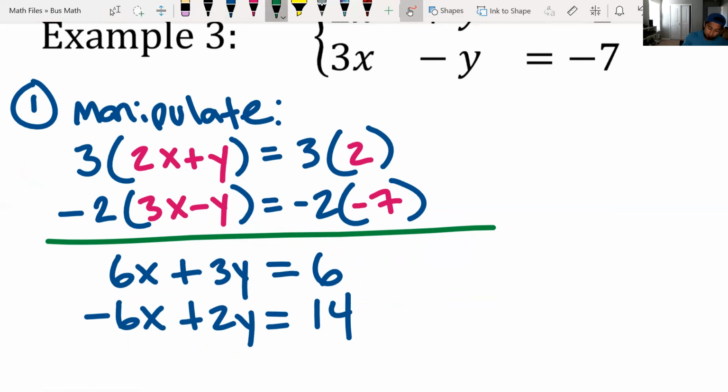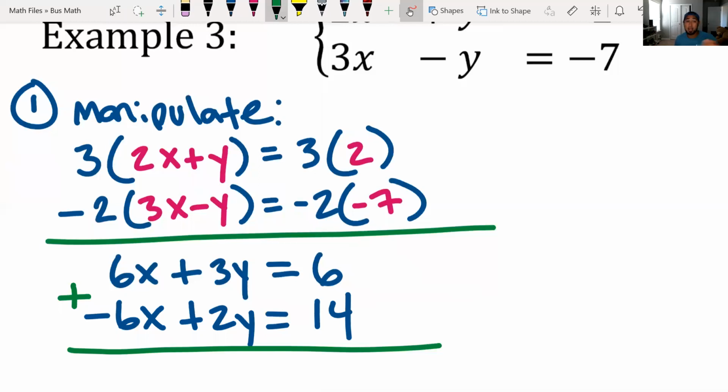All right. And now we get our chance to eliminate. When I add these two together, right, we are adding these two together. 6x plus negative 6x, gone, canceled, eliminated, right?